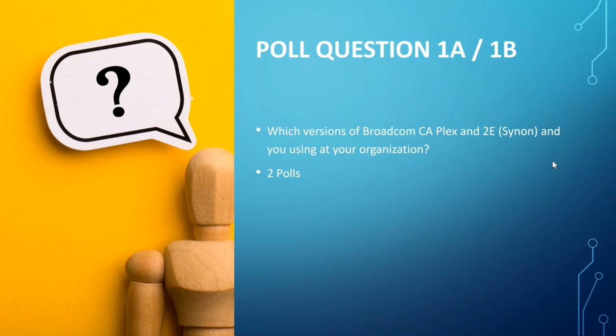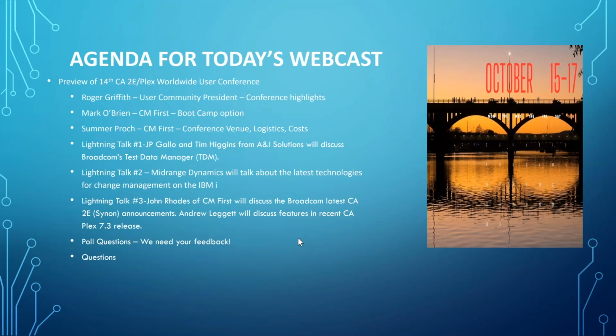So we have quite an agenda. I'm going to go through the agenda briefly and then turn things over to Roger to explain a little more about what's going on here. Roger's got a bunch of conference highlights to walk you through.